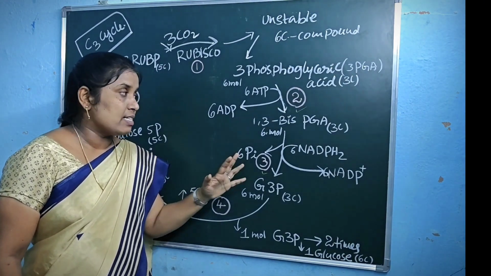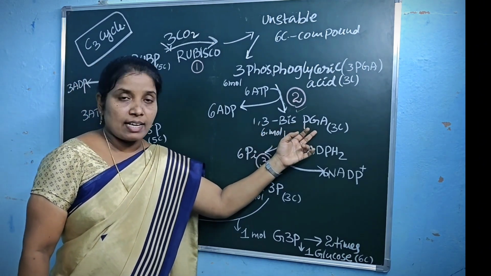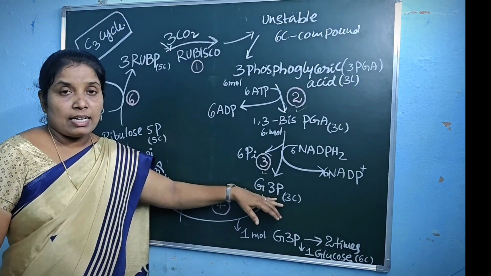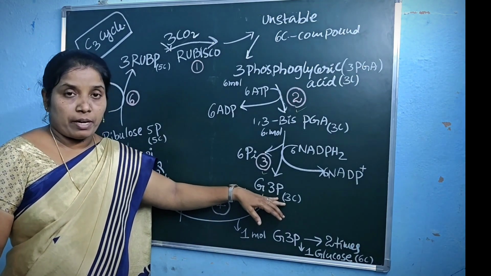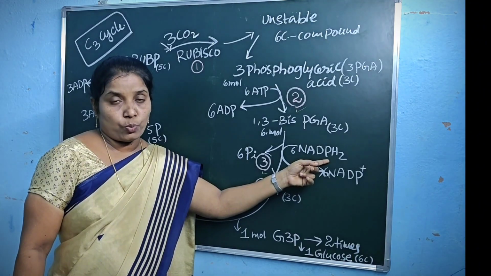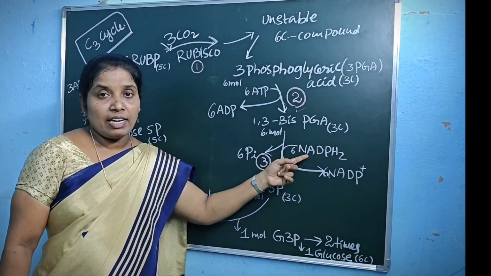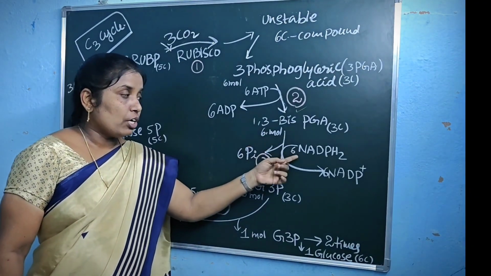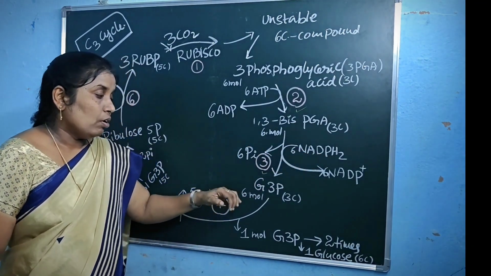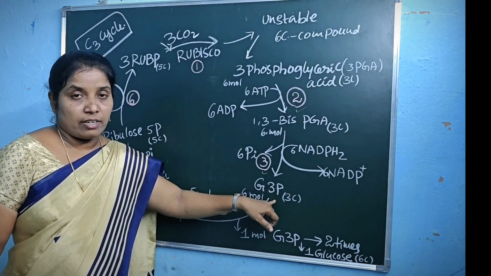Let's see the third step of dark reaction. Here 1,3-bisphosphoglyceric acid is converted into G3P, glyceraldehyde 3-phosphate, with the help of 6 molecules of NADPH2, which is the reducing power generated in the light reaction. So 6 molecules of glyceraldehyde 3-phosphate are generated.